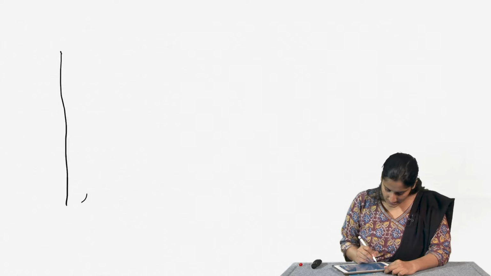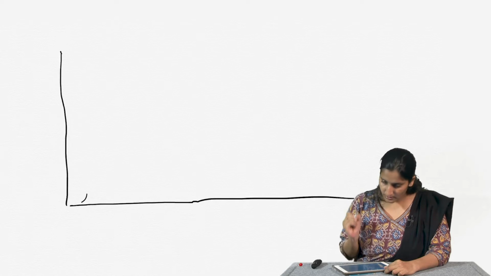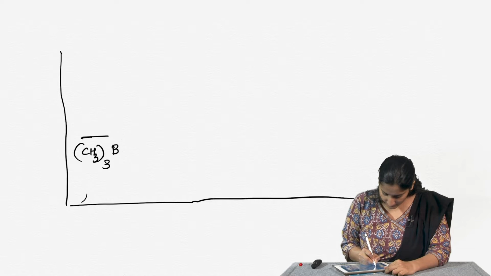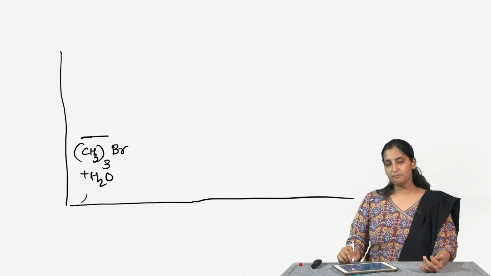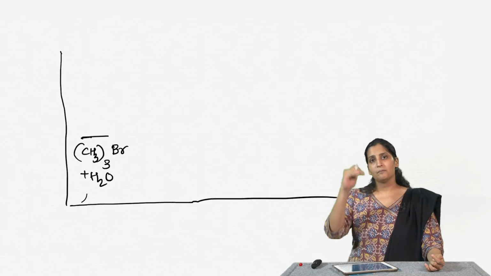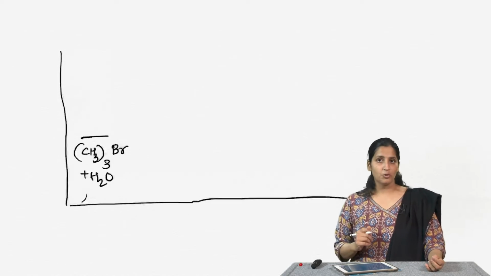So, now let us create the energy profile diagram of this reaction. If I remember the mechanism, we started with tertiary butyl bromide and water together, and then initially it was a slow step, but we ended up creating a carbocation.